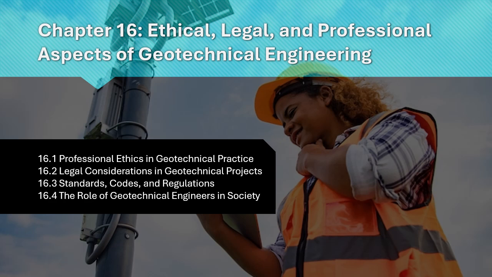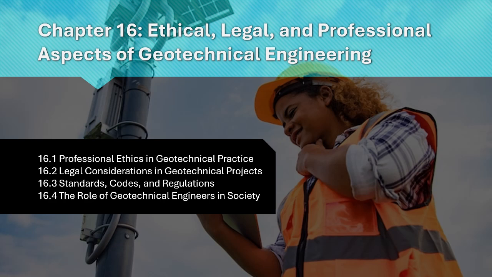1. Local and national building codes. Building codes are designed to set minimum standards for construction and infrastructure. Geotechnical engineers must be familiar with and comply with relevant building codes that pertain to foundation design, slope stability, seismic analysis, and soil mechanics.